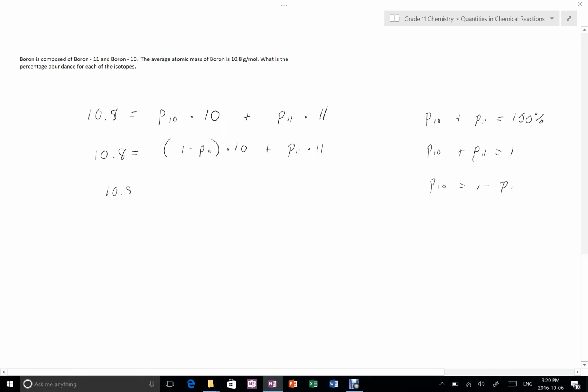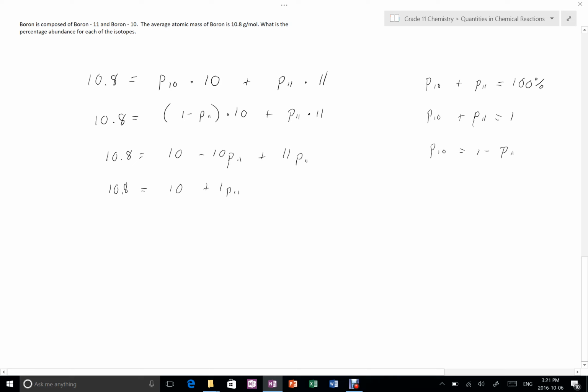So 10.8 is equal to, distributing the 10 to both things, 10 minus 10 P11 plus 11 P11. Minus 10 P's plus 11 P's works out to be 1 P11. So 10 plus P11 equals 10.8.